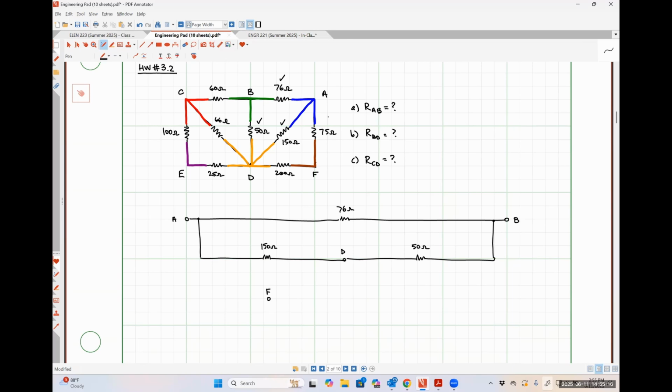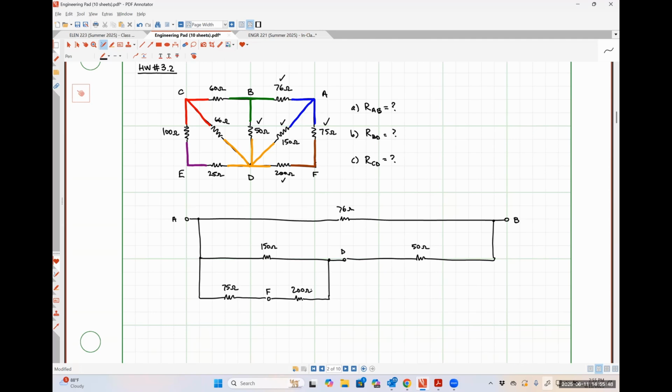From A to F is this 75 ohm resistor, and then from F to D is this 200 ohm resistor. So I've effectively got the right-hand side of the circuit sorted out now.